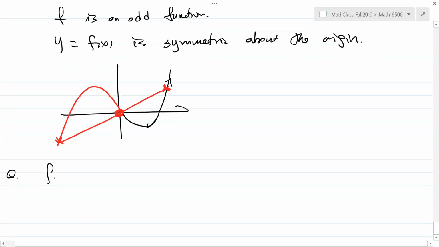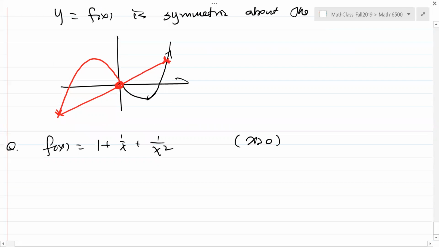So let's take a quick look at this function, 1 plus 1 over x plus 1 over x squared, x is greater than 0. Okay, so this is an open interval.